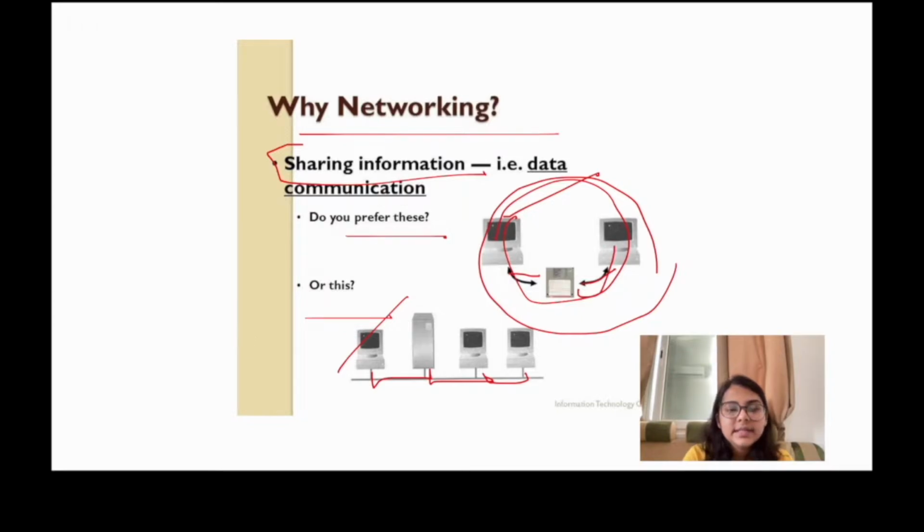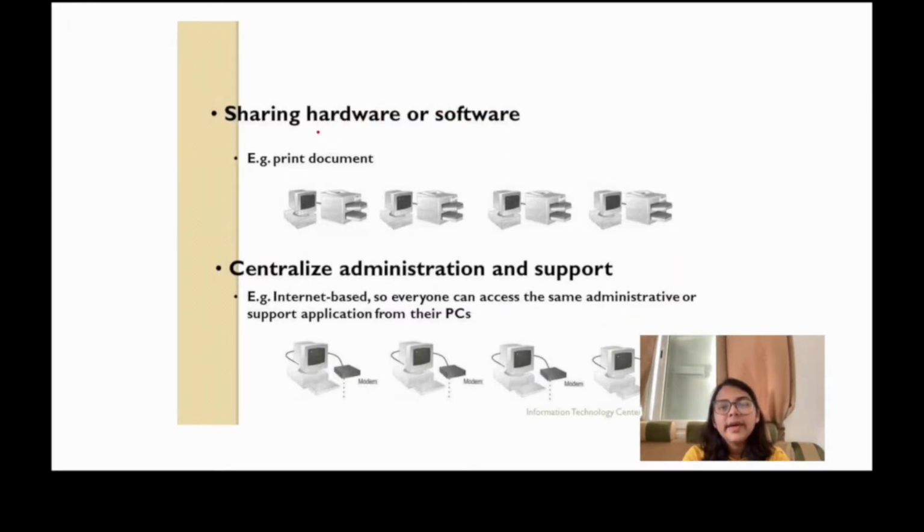Then the next thing is sharing hardware or software. If we want to share our hardware or software, we can share it with the help of a computer network. If we want to print a document, here you can see the computer and printer are both connected to each other.